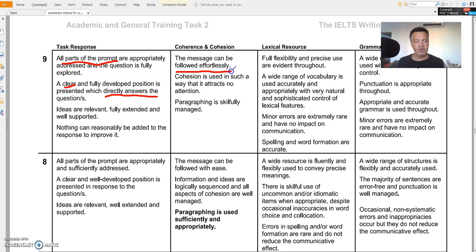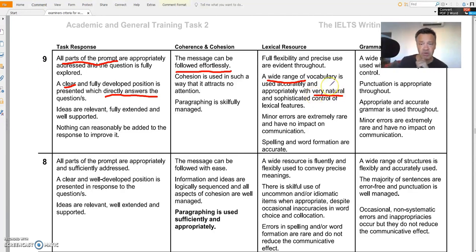This basically means how easily it can be understood. Clear and simple. Your paragraphing is good. Intro, problem, solution, conclusion. It's pretty straightforward. Your vocab, you need a wide range. Okay. Very natural.